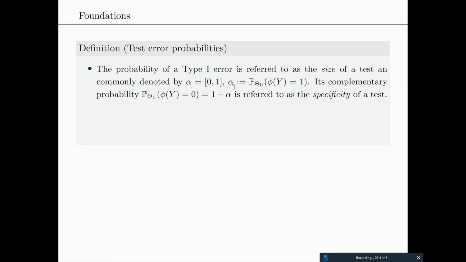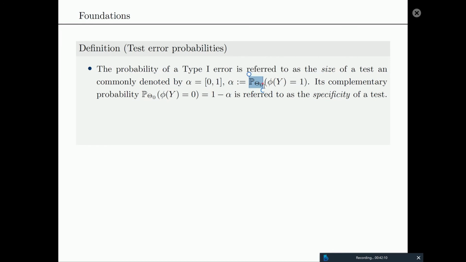So again, the error is to reject the null hypothesis when the null hypothesis is in fact true. This event of rejecting the null hypothesis when the null hypothesis is in fact true has a probability under the parametric statistical model, and this probability of rejecting the null hypothesis when it's in fact true is called the size of the test, and is commonly denoted by alpha.